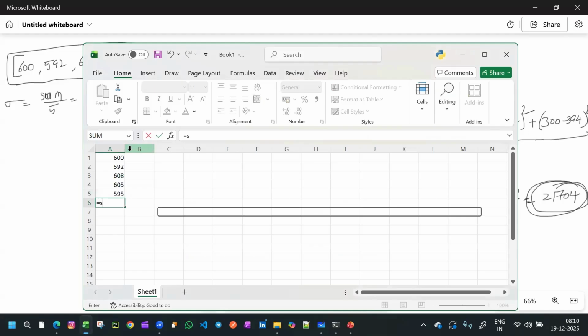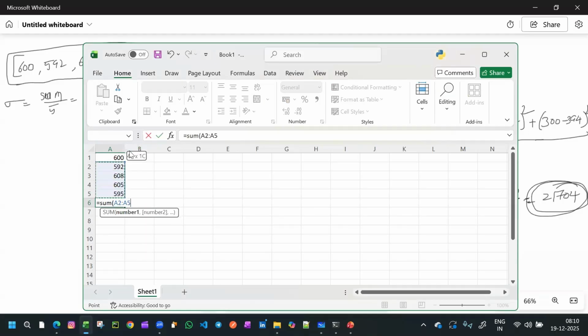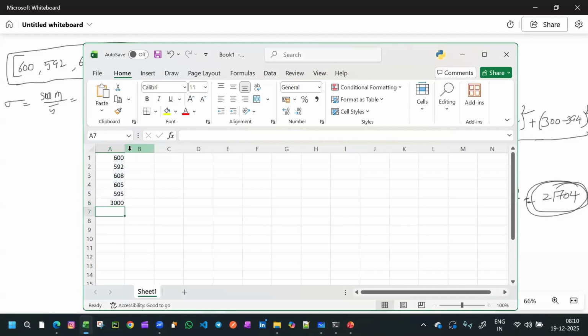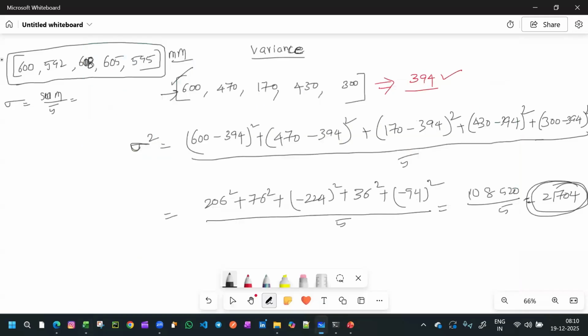So this is the sum of all the values divided by 5. So exactly 600. This is the average, mu. Actually, the mu value is equal to 600.